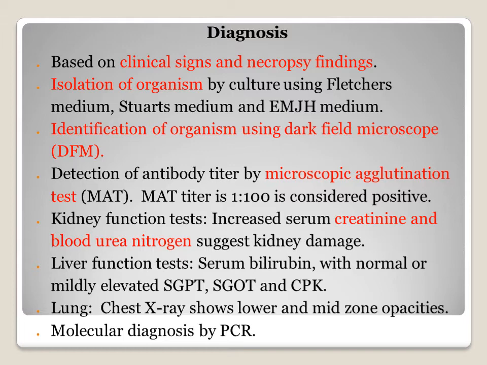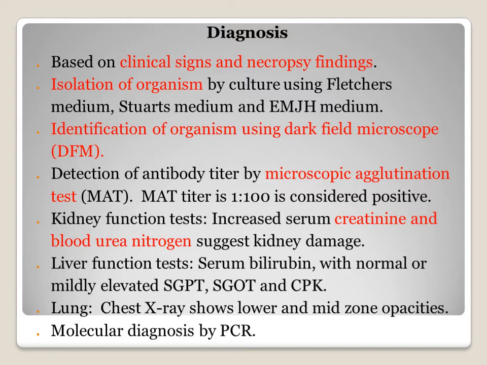Detection of antibody titer by the microscopic agglutination test. A MAT titer of 1 in 100 is considered a positive case. We know that Leptospira affects the kidney and causes kidney damage, inflammation and degeneration. So a kidney function test should be carried out, and increased serum creatinine and blood urea nitrogen suggest kidney damage.